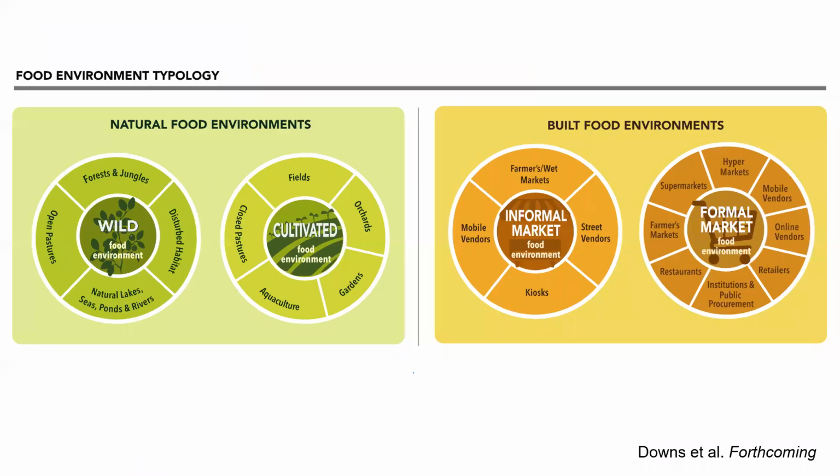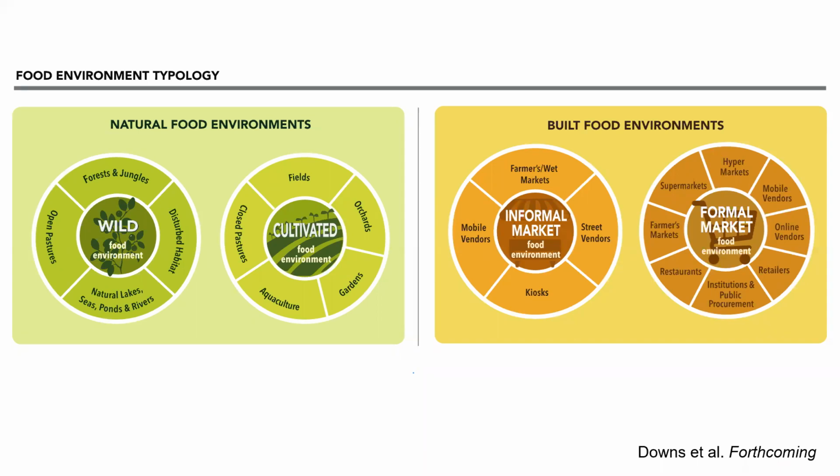Over the past few weeks, we have been focusing on looking at the natural food environment as well as the built food environment. Some of the preliminary findings that we are seeing are that households that have access to multiple types of food environments seem to be more resilient.